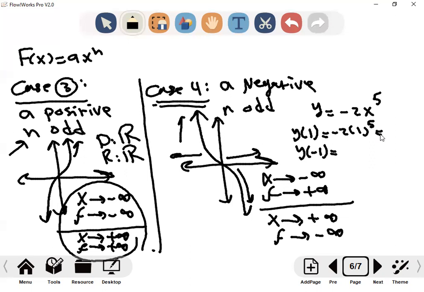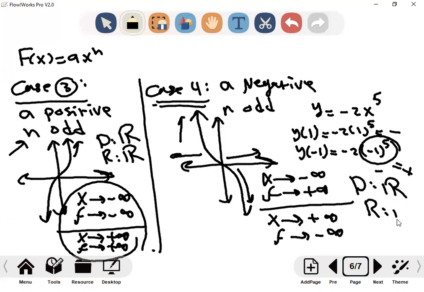This is positive, multiplied by negative, the answer is negative. But Y at negative 1: negative 2 times negative 1 power 5. This is negative, since we said n power odd gives negative. Negative times negative is positive. So we have negative and positive, and 0 if x is 0 for sure. So the domain is R and the range is what also?